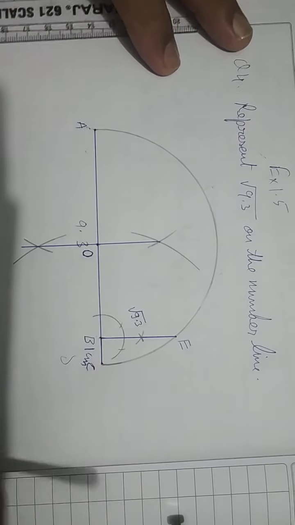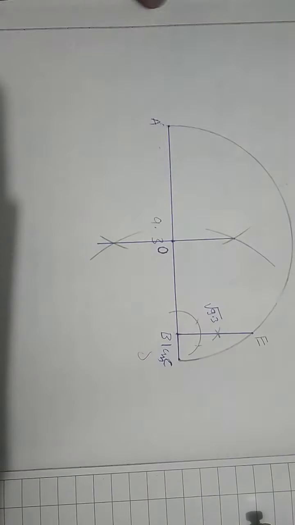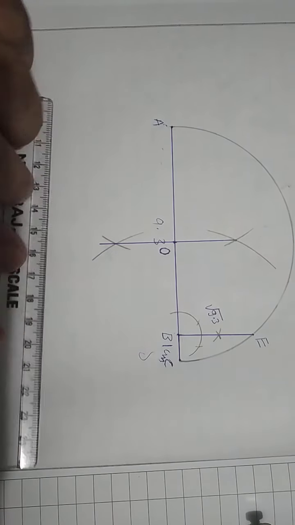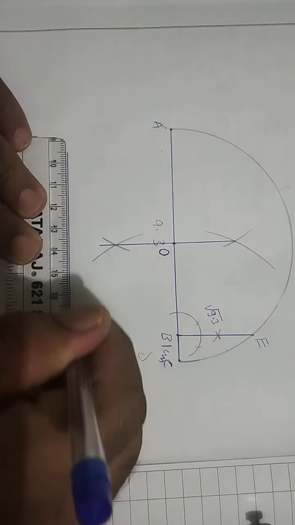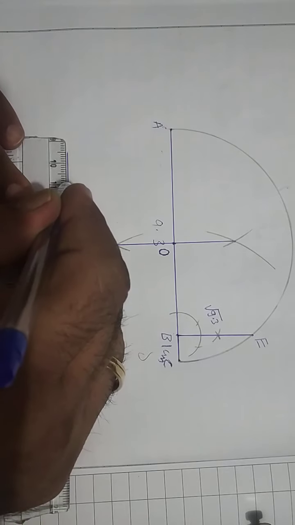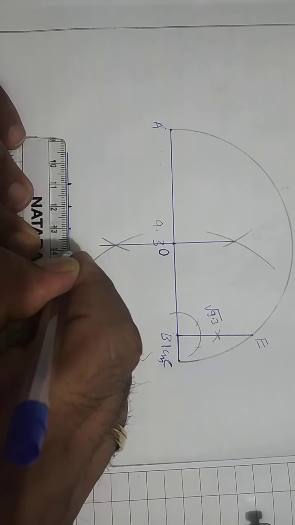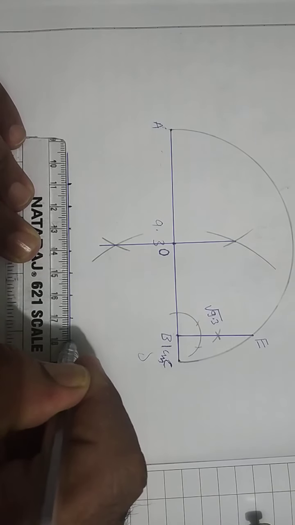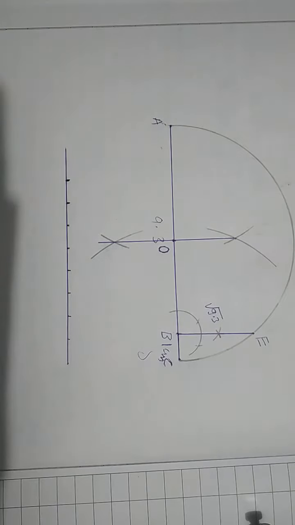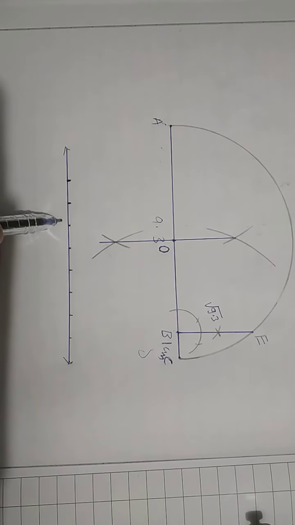The length of this BE is going to be root 9.3. Now if you want to express this root 9.3 on the number line, then you will have to draw the number line again. Take or mark points at equal distances on this number line. Let this point be 0.